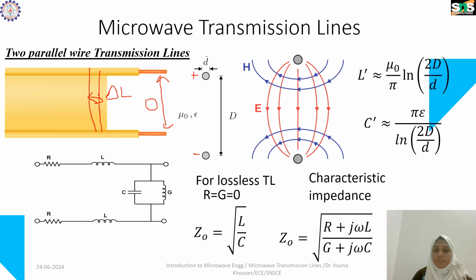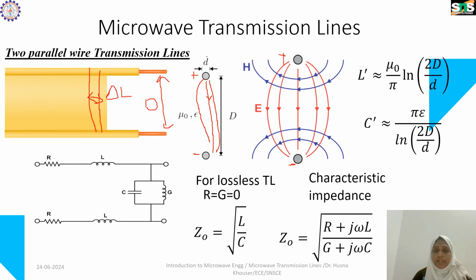Here, this is the positive conductor, and the electric field emerges out of this conductor and forms a closed loop between these two conductors. This one is negative, and the field goes from the positive conductor to the negative conductor, so the electric field will flow in the vertical direction.